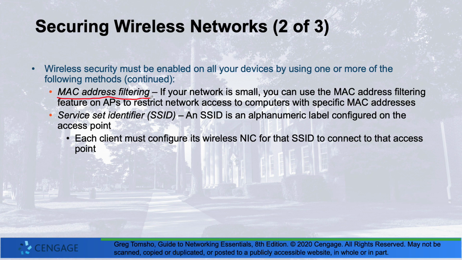Again, this is a really weak method to introduce security to your network. Hackers can easily spoof MAC addresses. So once they figure out what MAC addresses are allowed on your wireless network, they can just change their MAC address to one that is allowed. So it's a little bit of security. It's better than none, but it's not a strong security method.